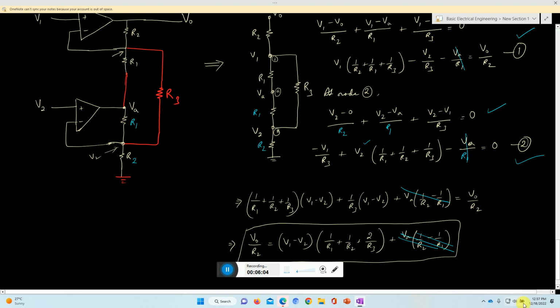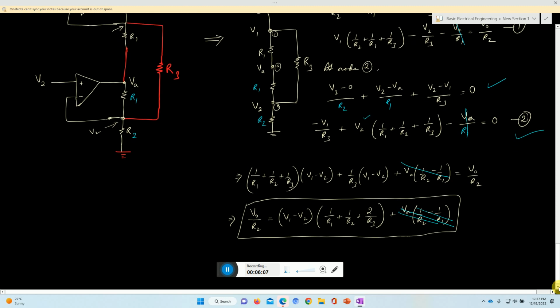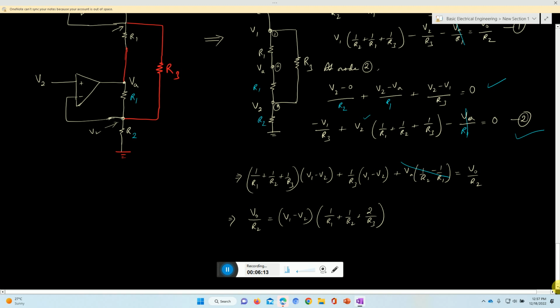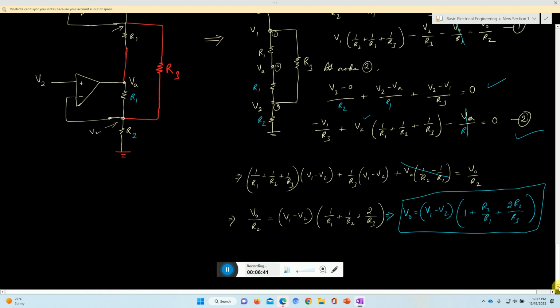This is the output we get, which implies that V0 is equal to (V1 minus V2) multiplied by R2 by R1, or we can write it systematically as (1 plus R2 by R1 plus 2 R2 by R3). This is the answer, the value of V0, if we change the parameters of the circuit like this.